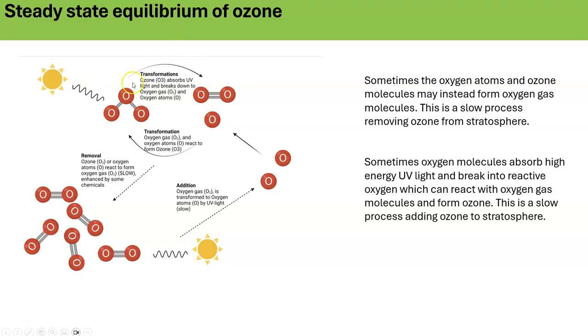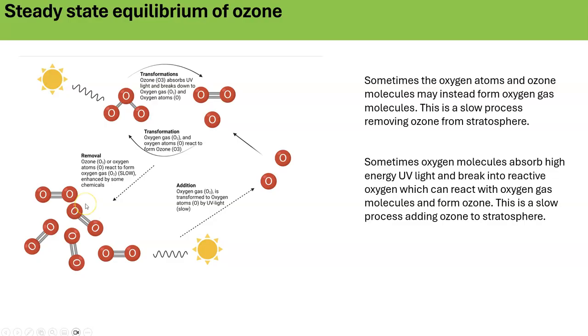This shows the same thing, that there's a transformation from ozone to oxygen and oxygen atoms, and a transformation turning those into ozone once again. There is also a slow natural removal of ozone. That's because these oxygen atoms may interact in such a way with an ozone molecule to form oxygen gas molecules instead, and that's going to remove ozone from the stratosphere.